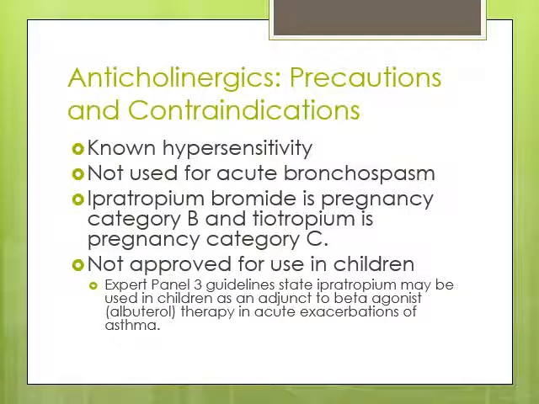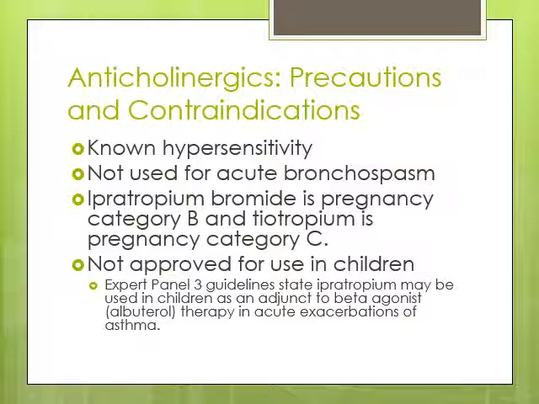Now with anticholinergics, under precautions and contraindications, ipratropium is contraindicated in patients who have had hypersensitivity to atropine or atropine derivatives, and for those with bromide sensitivity. Tiotropium has a contraindication in patients with hypersensitivity to ipratropium or tiotropium.